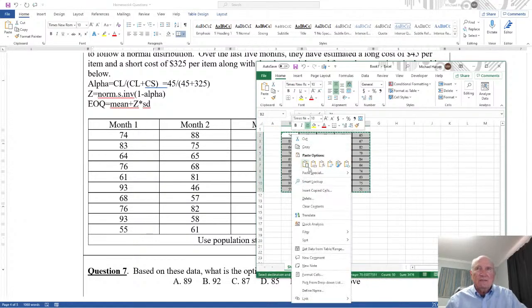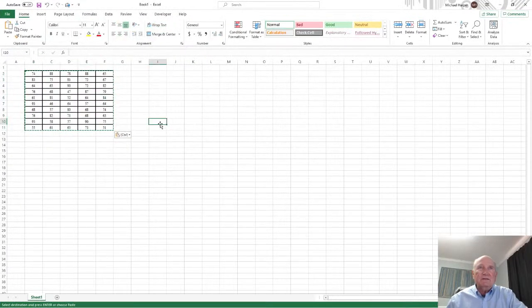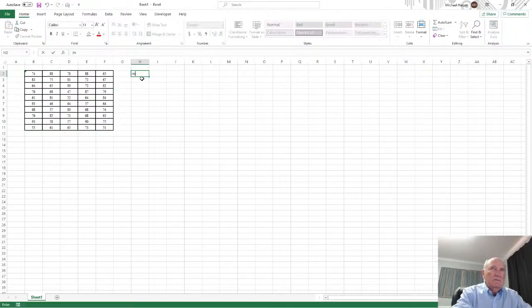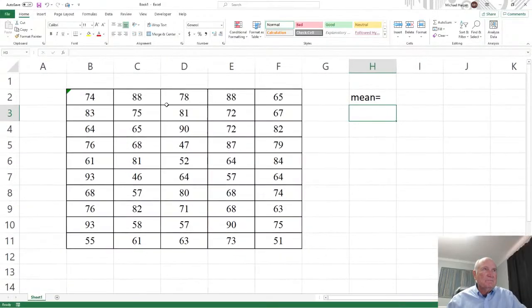Control C, and I'll paste just the values. There they are. I need the mean and variance. Let's enlarge this so you can see what we're doing here. And I need the standard deviation.